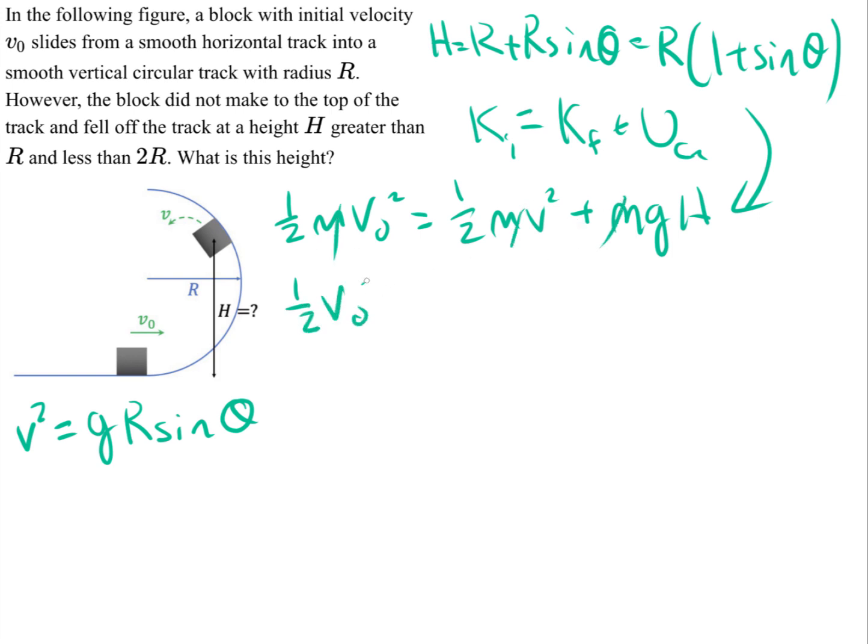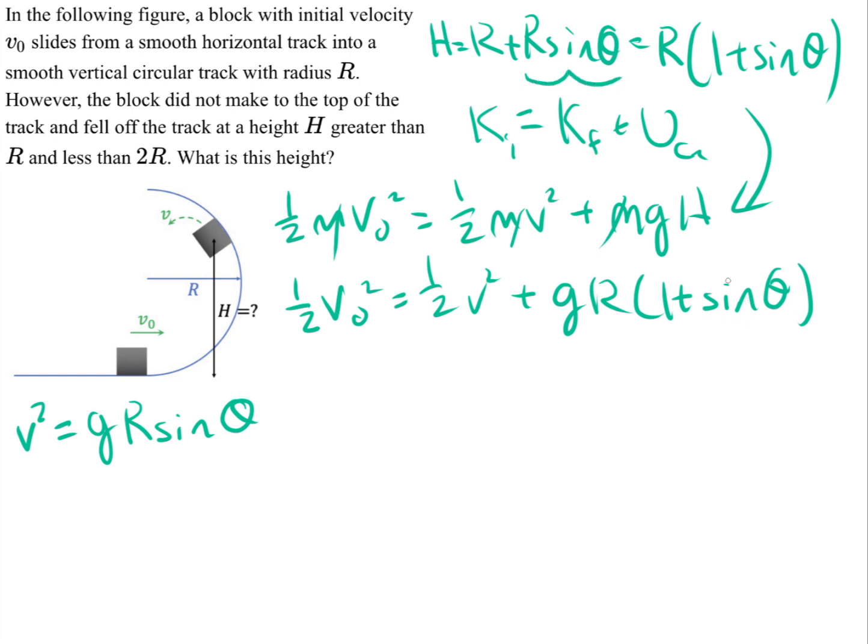So 1/2 v naught squared is equal to 1/2 v squared plus gr times 1 plus sine theta. And we need to figure out what r sine theta is so that we can plug it back into here. Because while we can just find the equation for the height directly from this, we can't have it in terms of the angle theta because we don't know what the angle theta is.